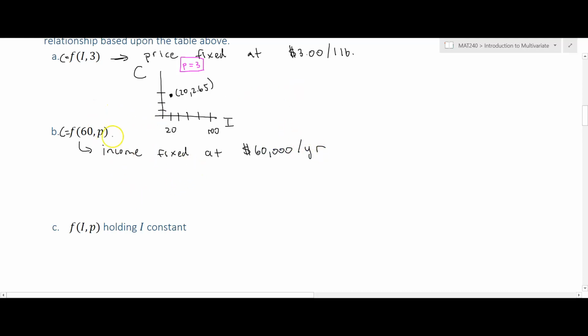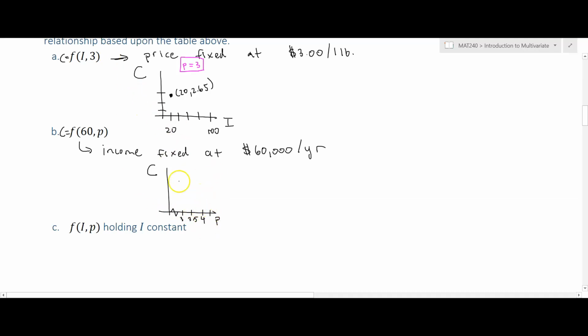And so once again, in that context, what that would mean is the remaining variables that are not being held constant are price as the input and consumption as the output. So the prices we know varied everywhere from, I'm just going to create a little break in the graph here, and we'll start at 3, 3.50, 4, 4.50.